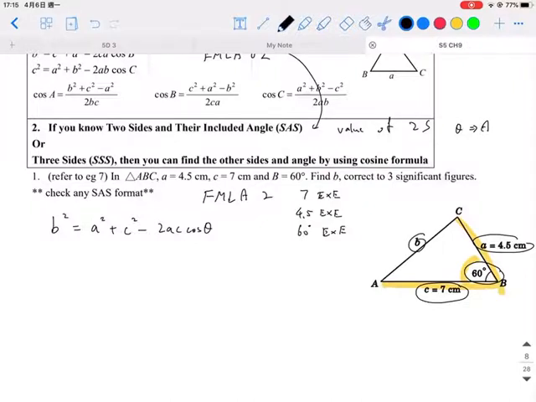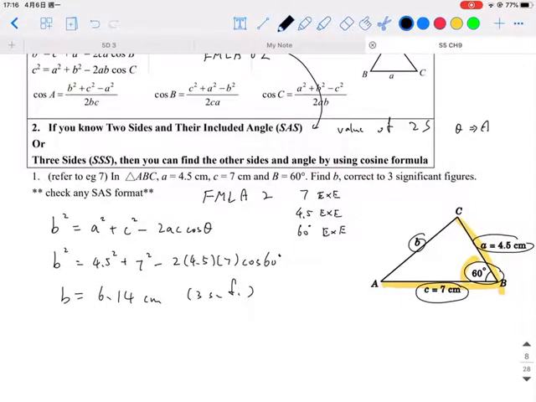Then you substitute the numbers in it, and you can do it by calculator, so it saves time on calculation. So b is equal to 6.14 cm, 3 significant figures.